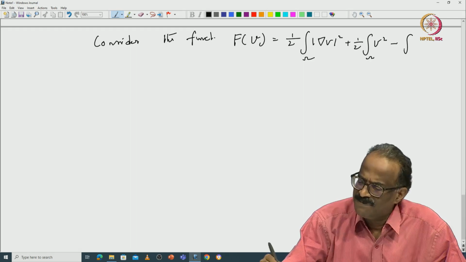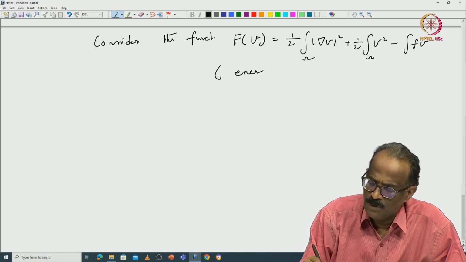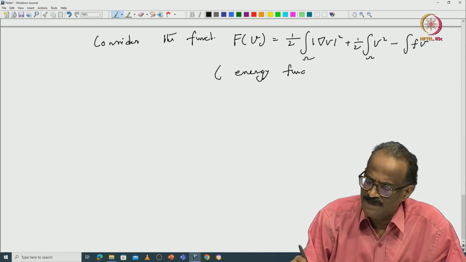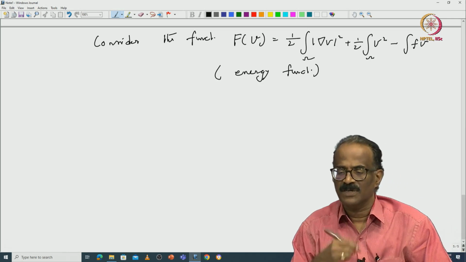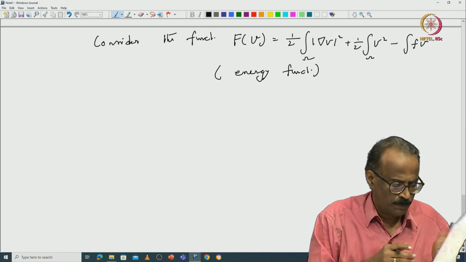This is the energy functional. For example, if you study the elasticity system, you will see that this is a strain energy functional in applications. So such energy functionals or cost functionals will be coming to you.